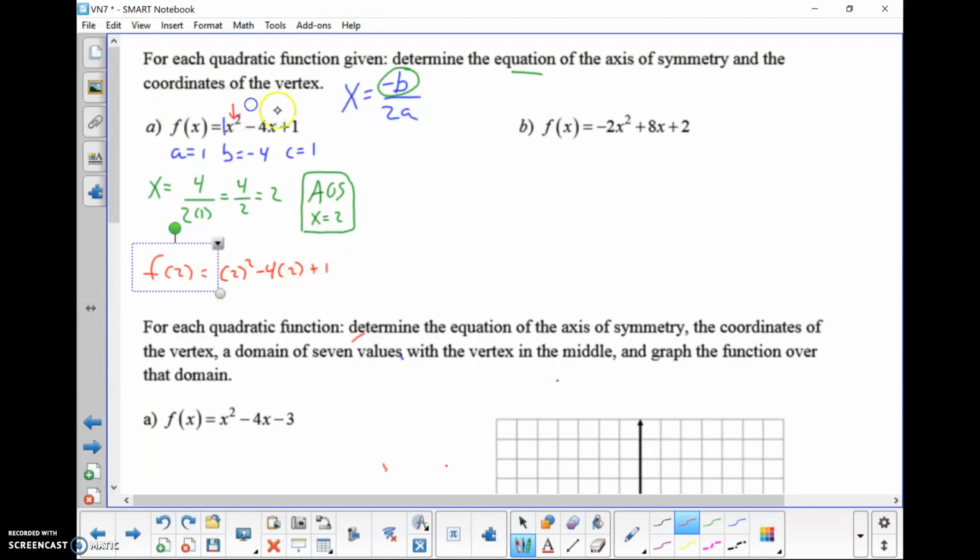Again, I'm just replacing these x's with 2's. You can put the 1 in front if you want. 2 squared is 4. -4 times 2 is -8 plus 1. 4 minus 8 is -4 plus 1 is -3. So that means my vertex is the 2 I put in and the -3 I got out.